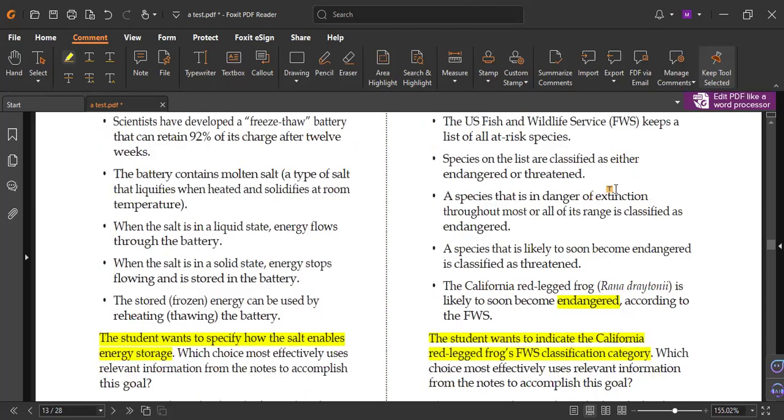That's why. Species on the list are classified as either endangered or threatened. Right, but how does this apply to the red-legged frog in the question? Yes or no? Yes. This is great.